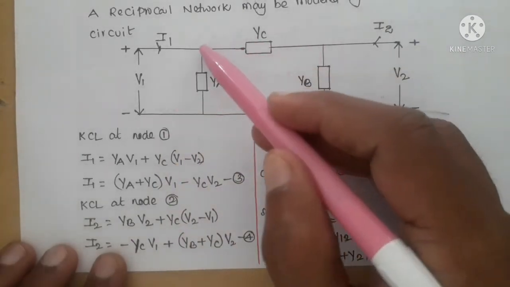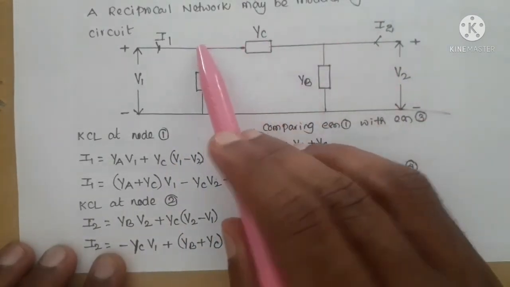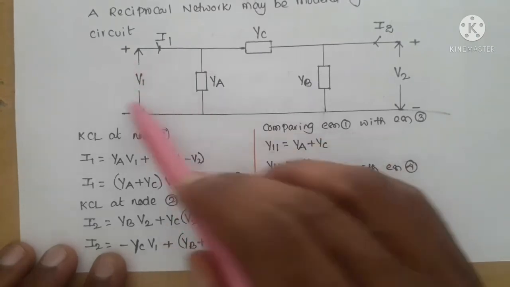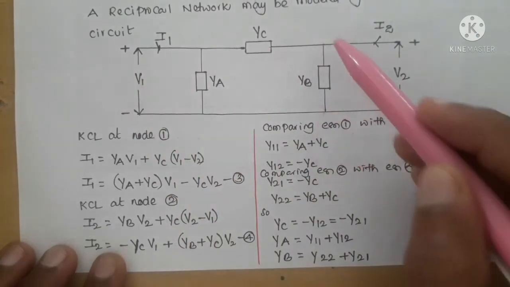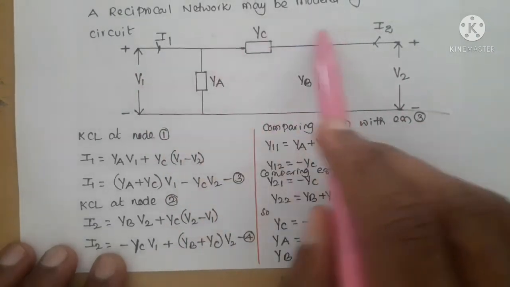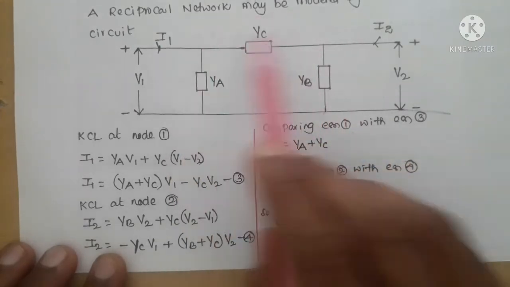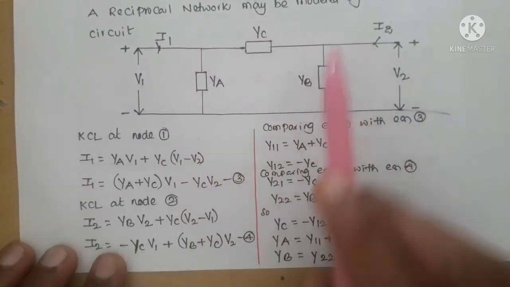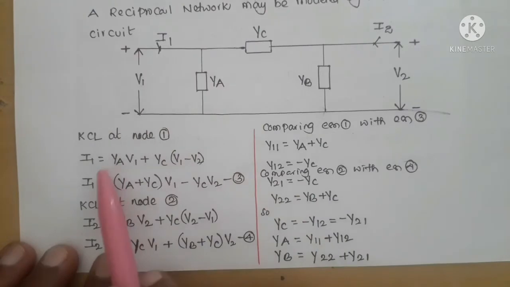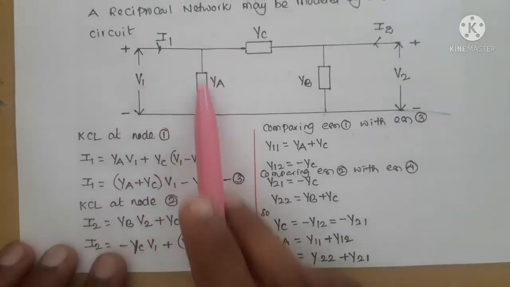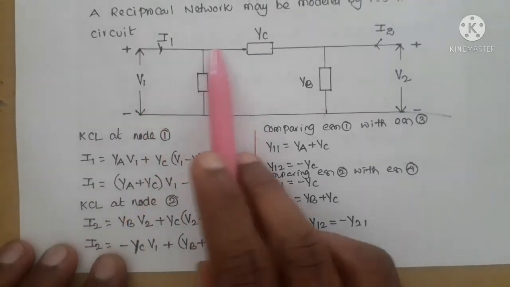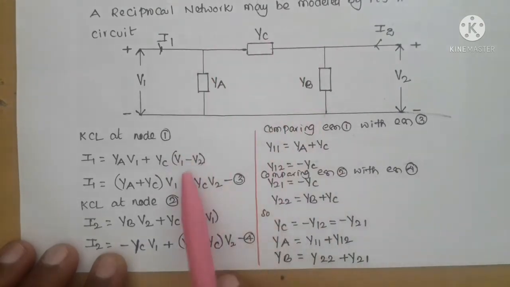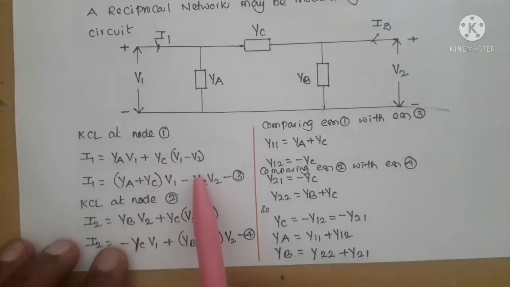The voltage from this node to ground is V1, and the voltage from this node to ground is V2, so the voltage across these two nodes is V1 minus V2. The current in this branch is YA V1 and the current in this branch is YC (V1 minus V2). If you write all V1 terms at one place, I1 equals (YA plus YC) V1 minus YC V2. Taking this as the third equation.